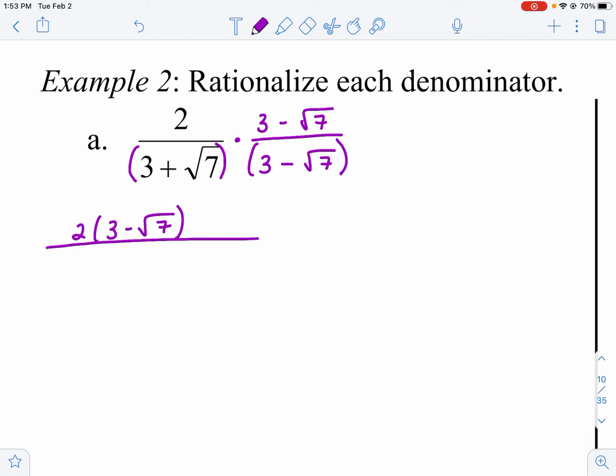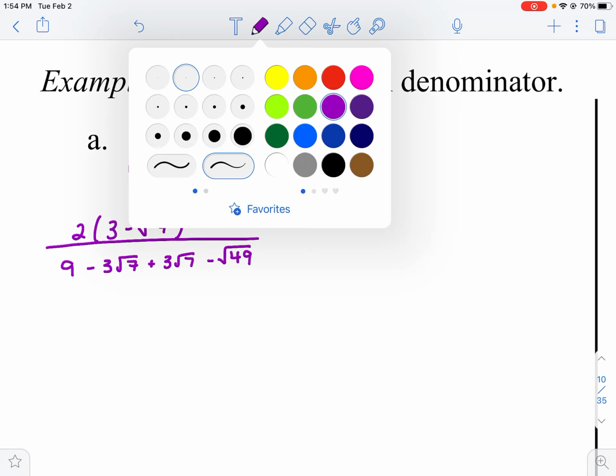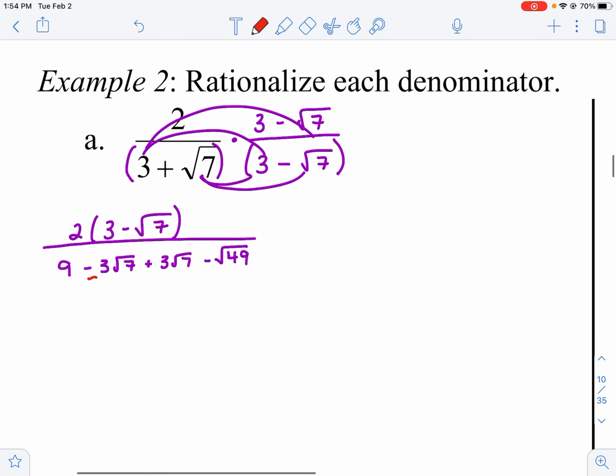Now the denominator. I do my first two, so 3 times 3 is 9. I do my outside, so that's minus 3 root 7. I do my inside, that's a plus 3 root 7. And then my last two, that's a minus square root of 49. If you notice, my center two terms are opposites, so they cancel.